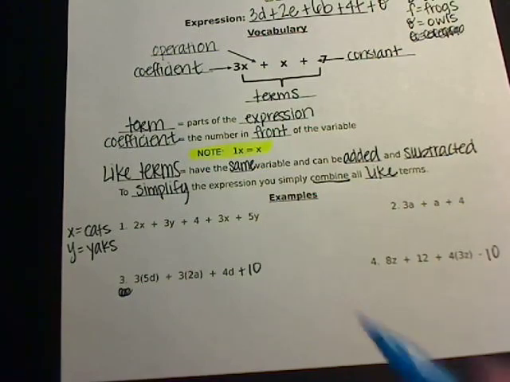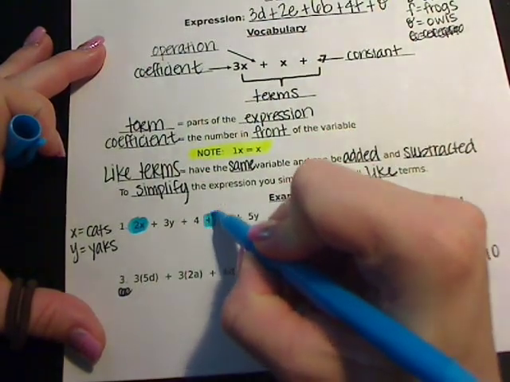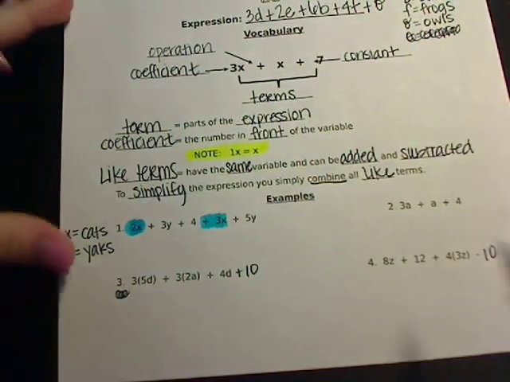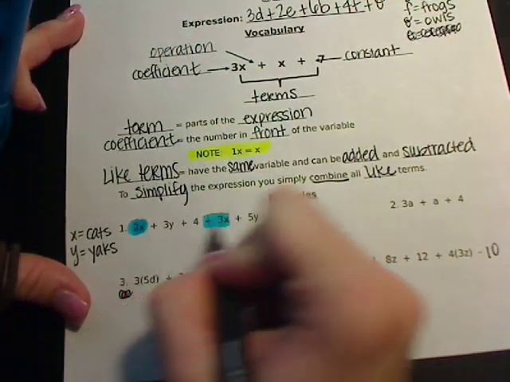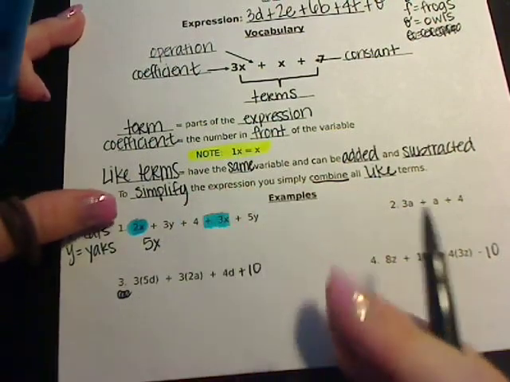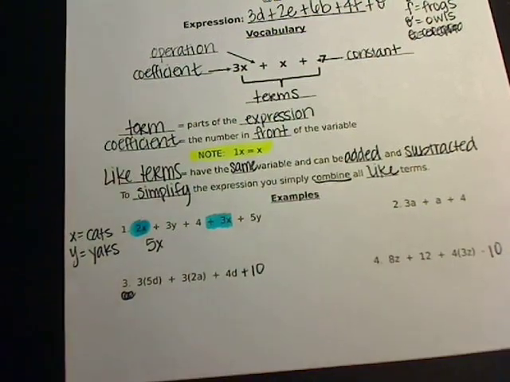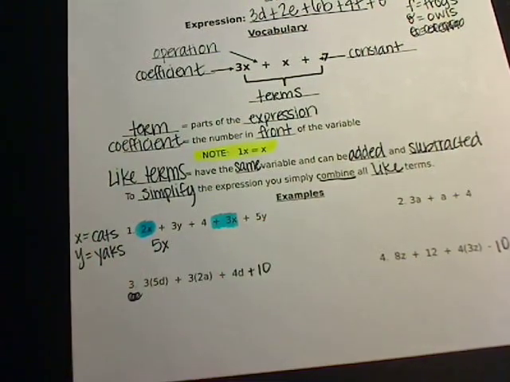So let's look. I've got 2 cats plus 3 cats. Well, how many total cats is that? Well, 2 cats plus 3 cats is going to be 5 cats, but remember we're using x. So 2x plus 3x, that's a total of 5x. So I've put together all my x's or my cats.